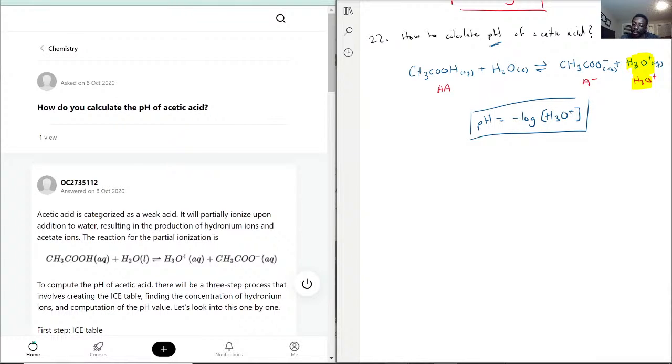So based on that, you would think all we need to do is find out how many hydronium ions we have. That's where the tricky part comes in.